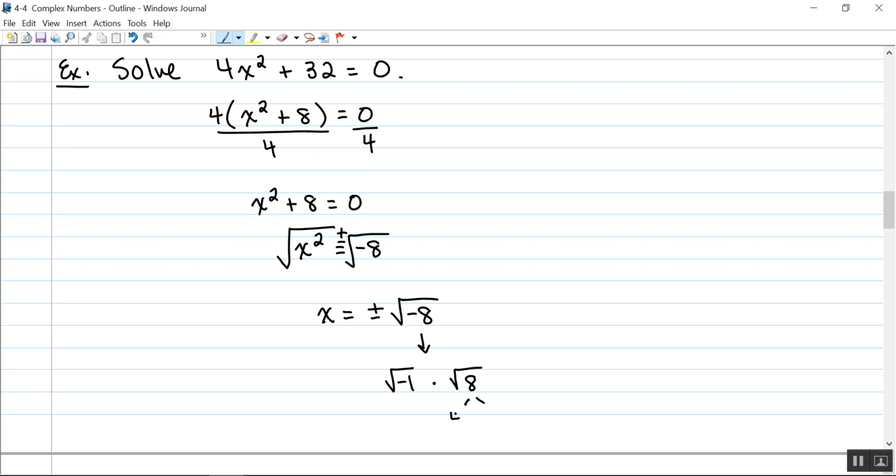And the square root of 8 simplifies into 2 square root of 2. Square root of -1 is i. So my final answer is going to be a positive or negative 2i square root of 2. I take this i and this 2 square root of 2 and write them like that. Don't forget the plus and minus out front.